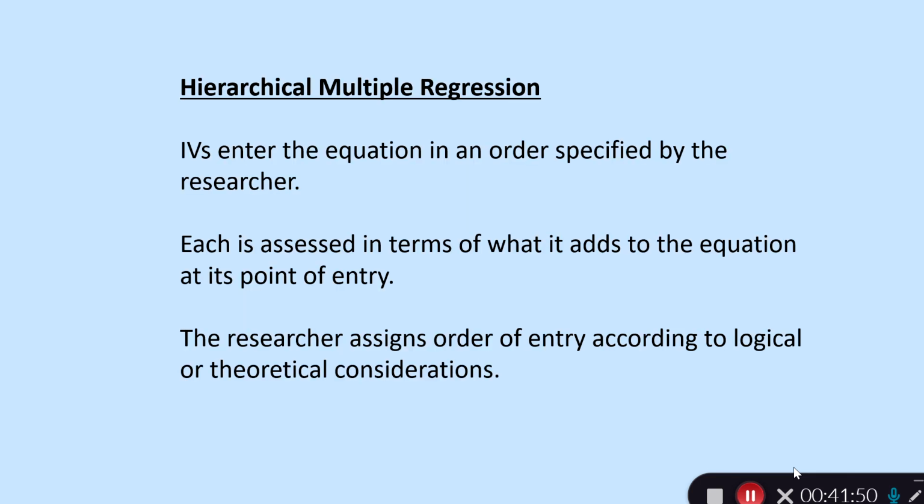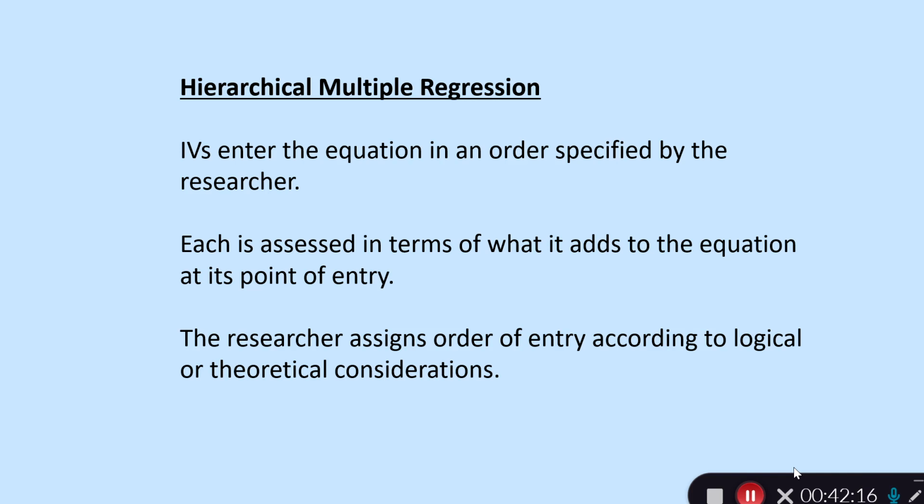Hierarchical multiple regression is slightly different. In this case, independent variables are entered into the model in an order specified by the researchers, so that can be useful. And then each is assessed in terms of what it adds at its point of entry. The researcher will often assign the order that they input these variables based on theoretical reasons.